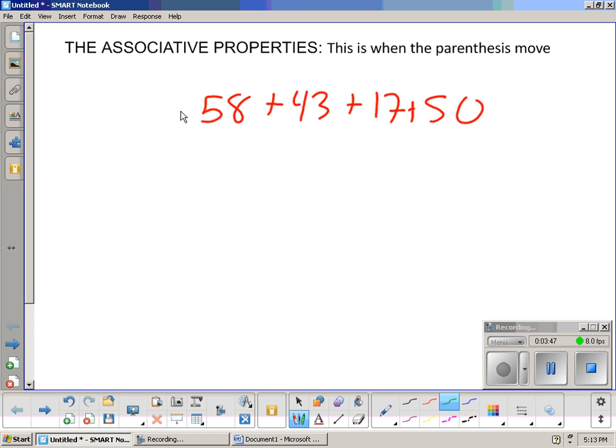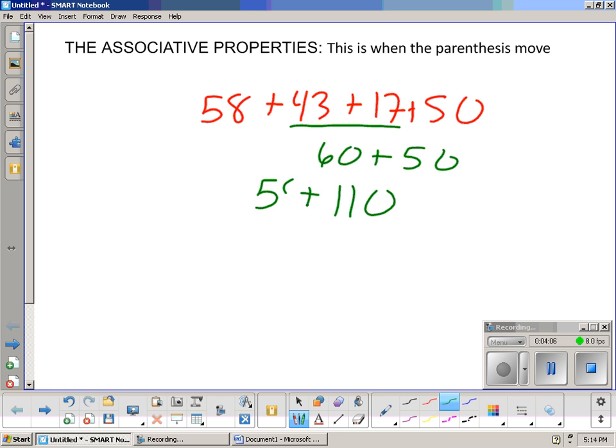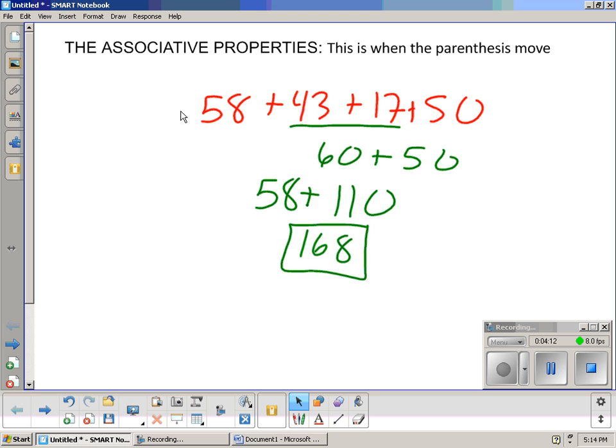And remember what the parentheses tell you to do: they tell you which one to do first. You were told to do 58 plus 43 first. But now I'm telling you with the associative property, you can do 43 plus 17, which is 60. Then you can do 60 plus 50, which is 110. All that is mental math. You can do that in your head. And now when you get to this problem, 58 plus 110 is 168. Okay? So it helps you to do that.